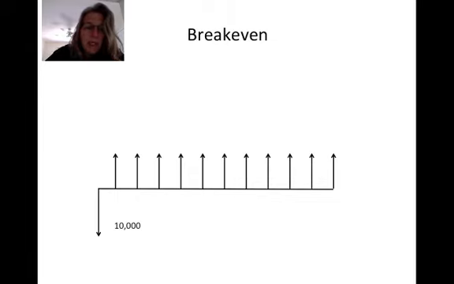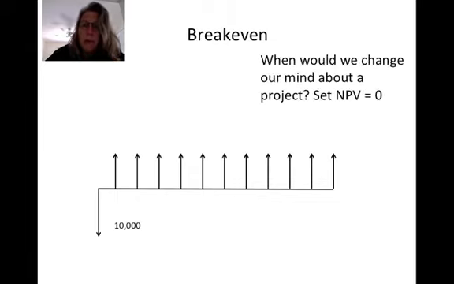The next one is break-even. In this case, we have a $10,000 investment, and we want to ask, what would change our minds about the project? If we think this is a good project, when would we not think it's a good project? We look at one variable at a time and ask, at what level of this variable will the net present value be 0?